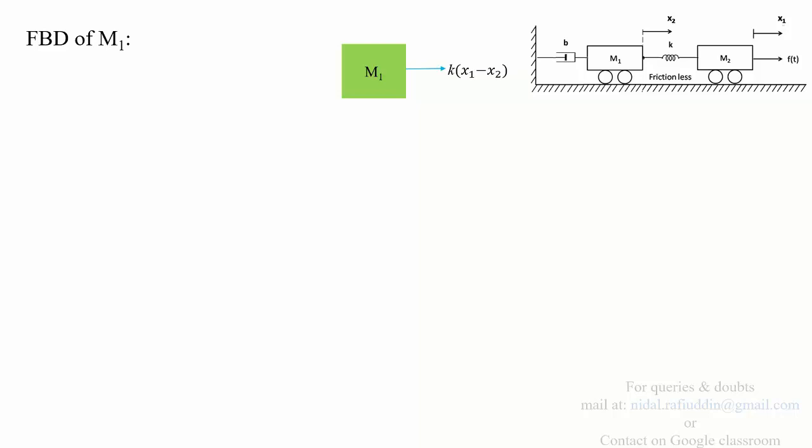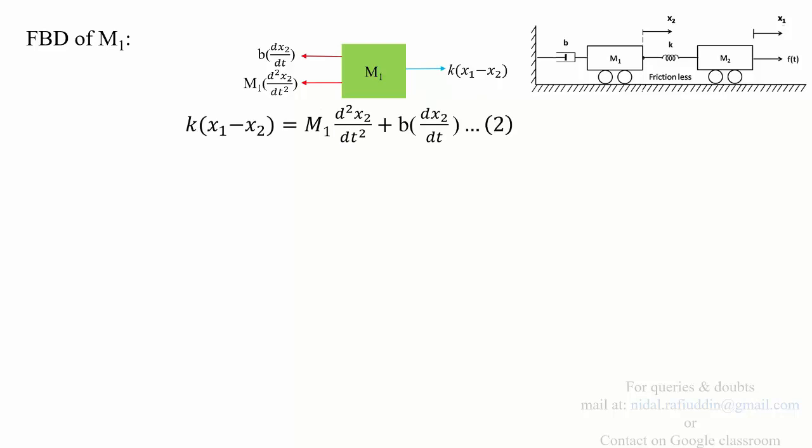The magnitude is the same as the resisting force of mass M2, and the resisting forces that exist are because of the dashpot and the mass. Again, the friction for this mass is also 0, and thus we are not going to talk about the frictional force or the damping because of friction. So we obtain the equation given by 2.